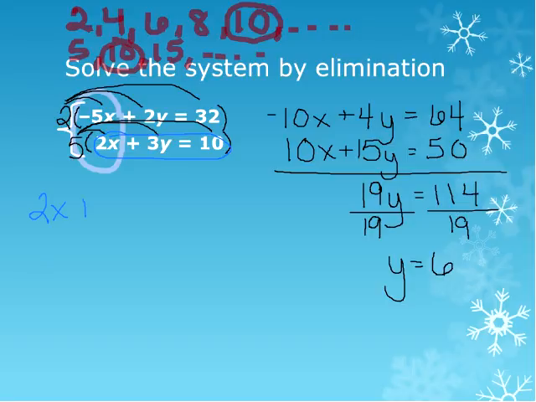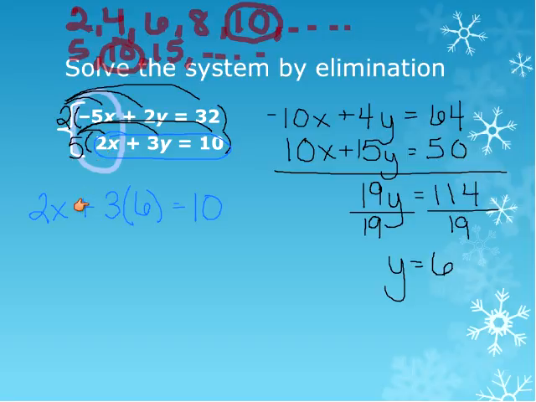So I would do a 2 times x plus 3 times y, which is now 6, equals 10. And for me, mentally, I can do this in my head, but in one of these other equations, I may have needed a calculator to help me out.